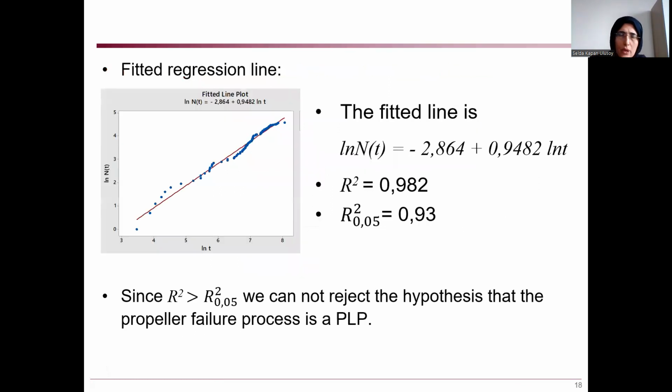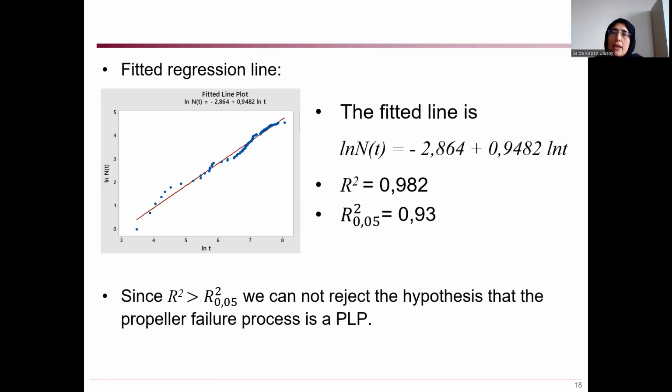So we estimated the regression line. We fitted the regression line, and as you see, we have a good fit with the data, and the equation is here. For this regression line, R square equals 0.982, which is quite high.